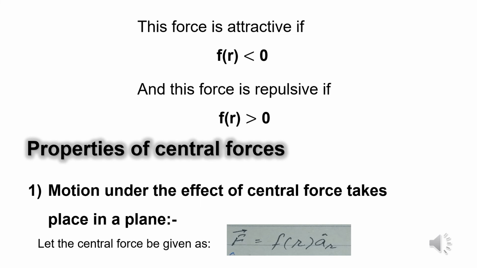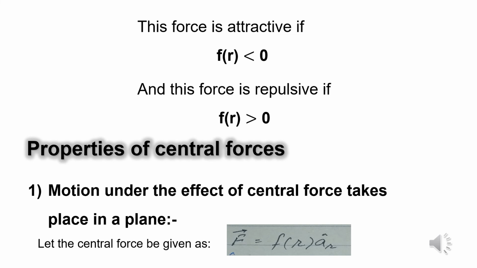So we can write that F of r less than 0 will be an attractive force, and this force will be a repulsive force when F of r is greater than 0.